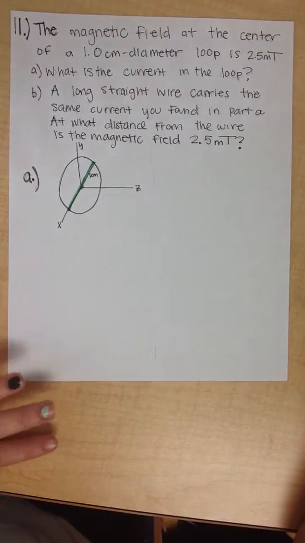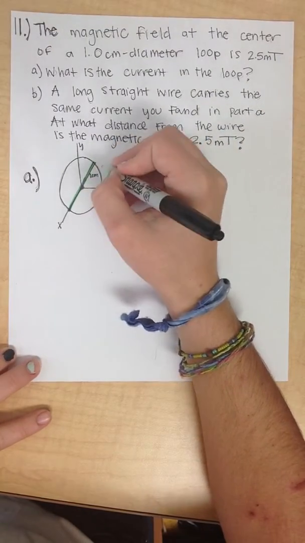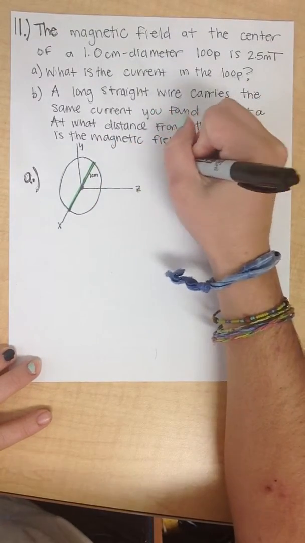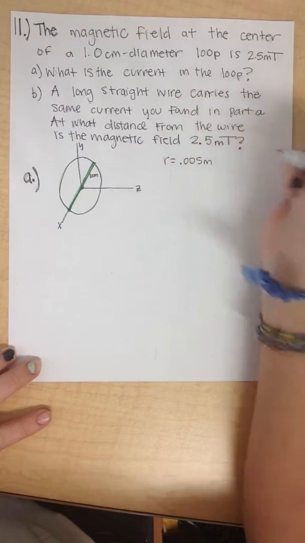So if we start off in part A, we know that the radius, because it's a 1 centimeter diameter ring, is going to equal 0.005 meters.